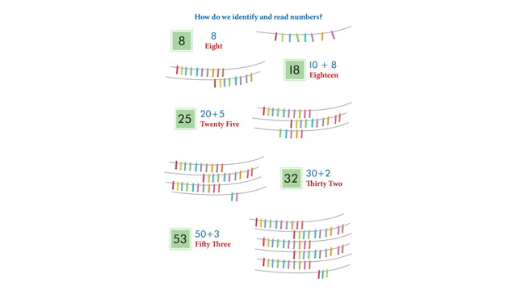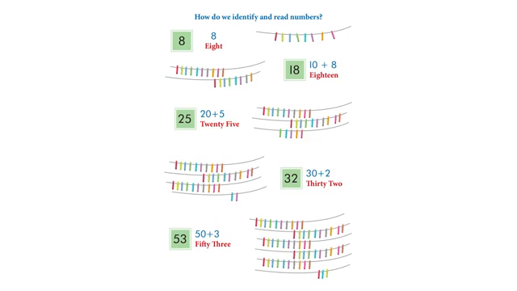Do you want to try counting them? 1, 2, 3, 4, 5, 6, 7, 8, 9 and 10. Very good. And then in the next row we have 1, 2, 3, 4, 5, 6, 7 and 8. So we read it as 10 plus 8 becomes 18.